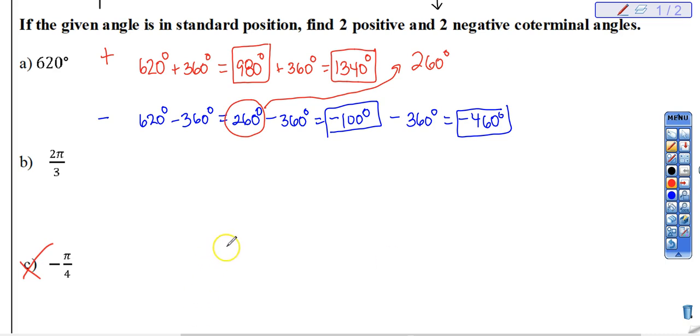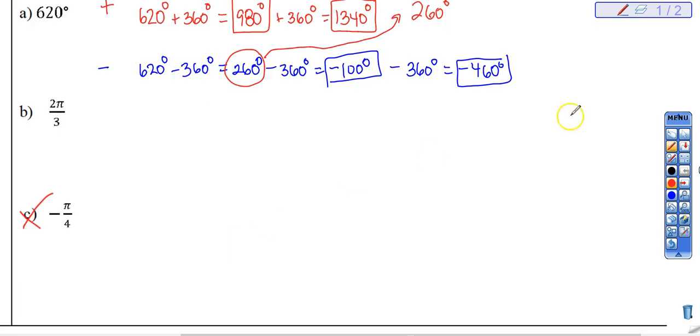All right, let's do this one here, 2 pi over 3. So this is in radians, so we'll be adding 2 pi or subtracting 2 pi. Let's start with our positives. What we want to do is add a full revolution, so we're going to add 2 pi. But I can't really add those without my fraction skills. So shall I put that 3 over 3 times 3 over 3?